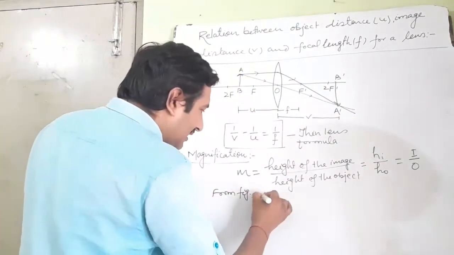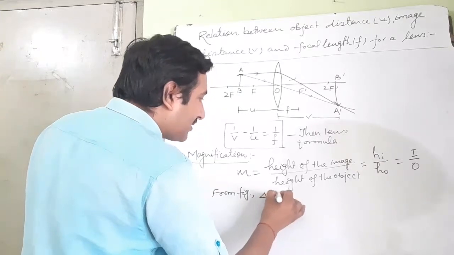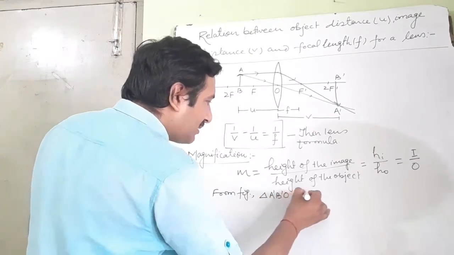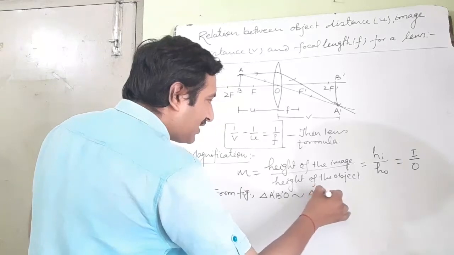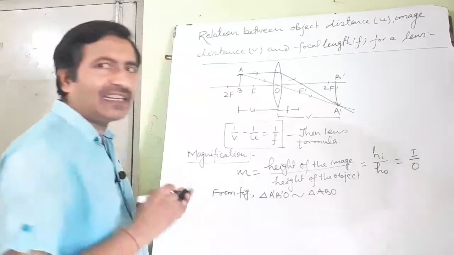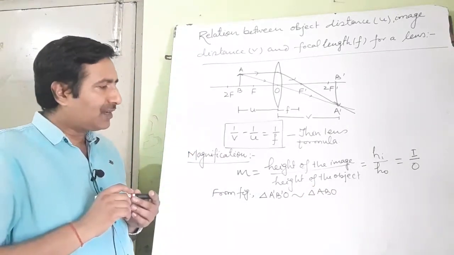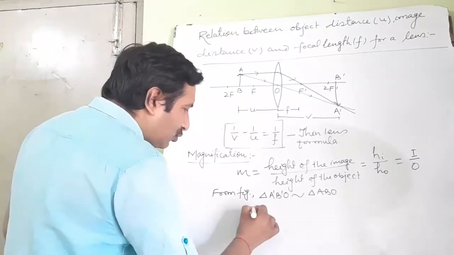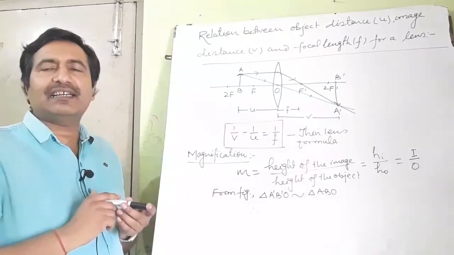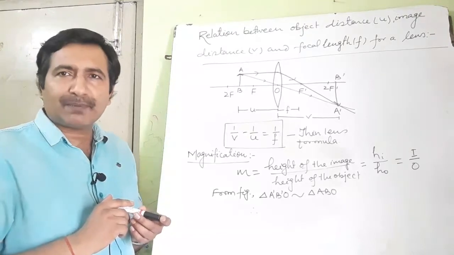You learnt about similarity in mathematics. Okay, and you know whenever two triangles are similar to each other, their sides are in the same proportion.